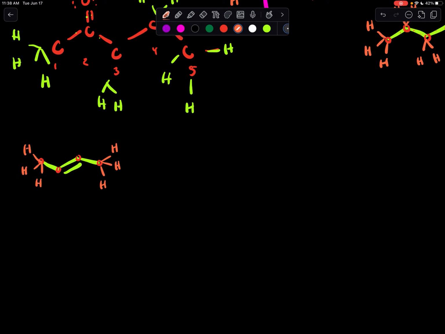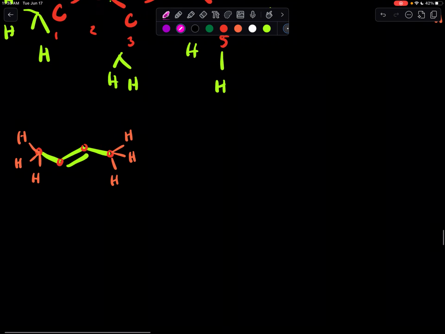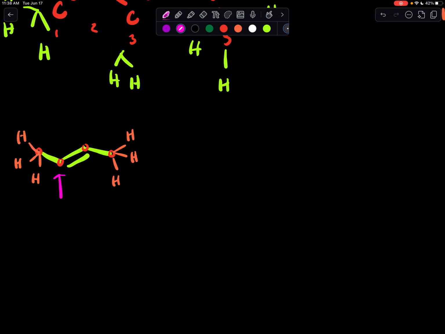What other carbons have we dealt with? Now we have a carbon. This individual carbon down here, let me make it bigger, has this bond attached to it. So how many electrons are in the bond? 1, 2, 3, 4, 5, 6. We need one more bond with one more hydrogen.